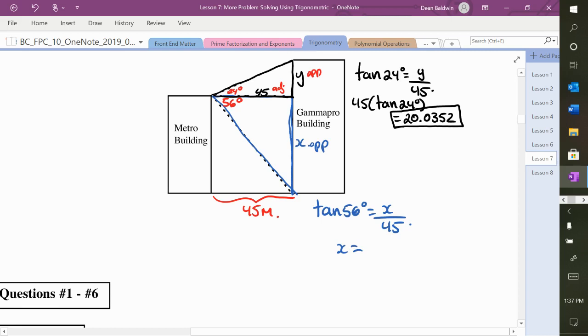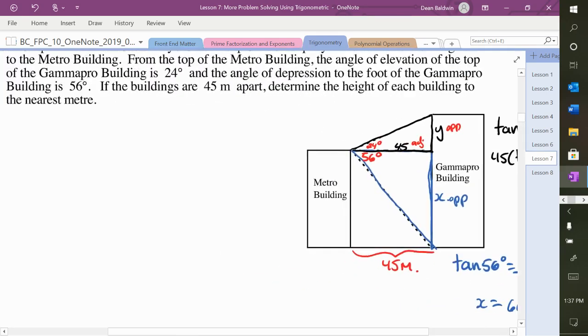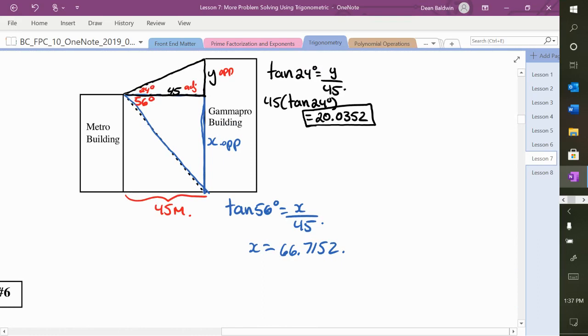That's going to give me 66.7152. Are we going to the nearest degree? Or nearest meter? Yep, nearest meter. Okay, so what's the height of the Gamma Pro building? Just add them together, right?